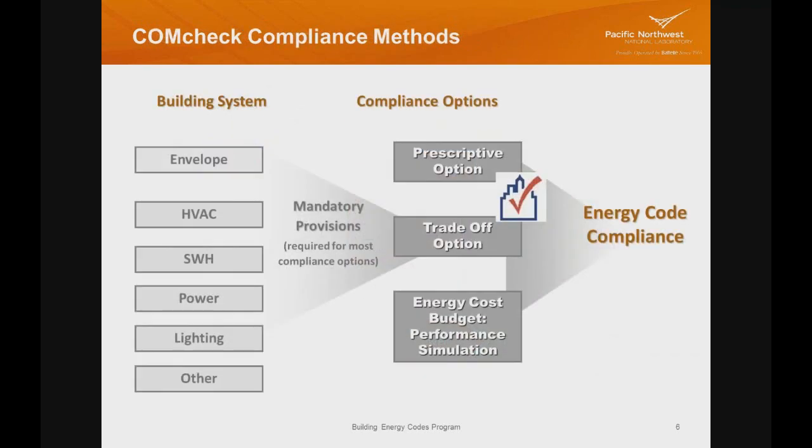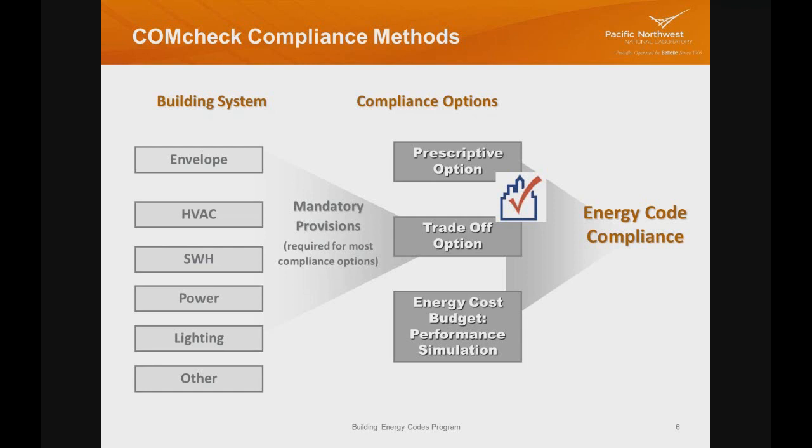The next slide is going to speak to the COMcheck compliance methods. As I mentioned, each energy code has a number of ways that allow you to demonstrate compliance. One is the prescriptive option. That's generally a straightforward table lookup where for an assembly, if you have a wall, you need to put in this much insulation.